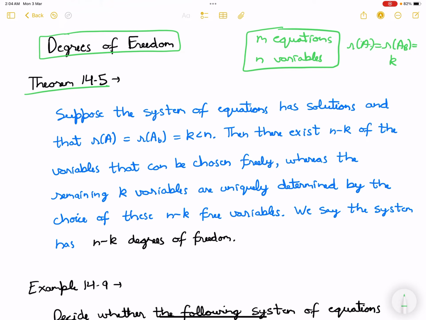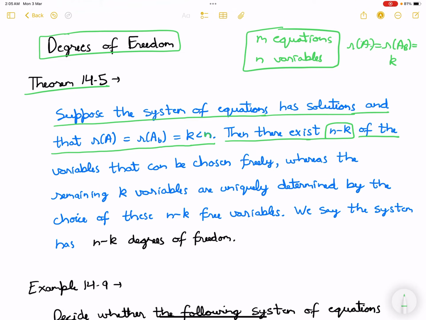Now the theorem states that, so we'll do some questions related to it as well, and that would actually boost the confidence. Okay, suppose the system of equations has solutions and that rank of A equals to rank of B equals to k, which is less than n, the number of variables present in the system of equations. Now then there exist n minus k of the variables that can be chosen freely.